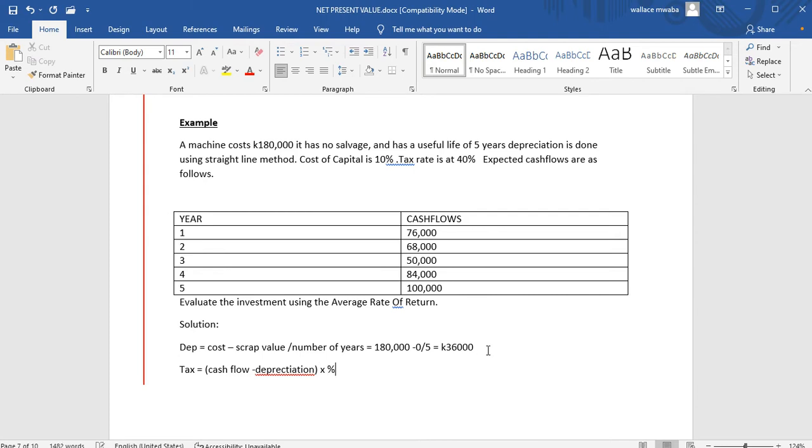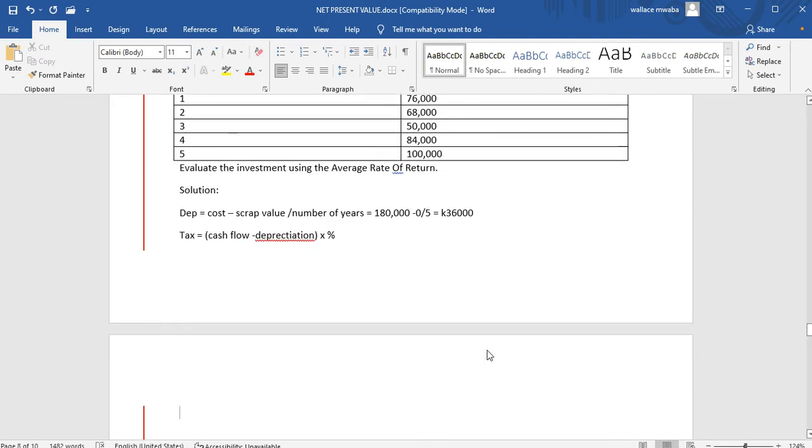Because after we find the value, we find the tax. Remember that profit equals cash flow minus depreciation minus tax. So we want to find the total value of tax here.